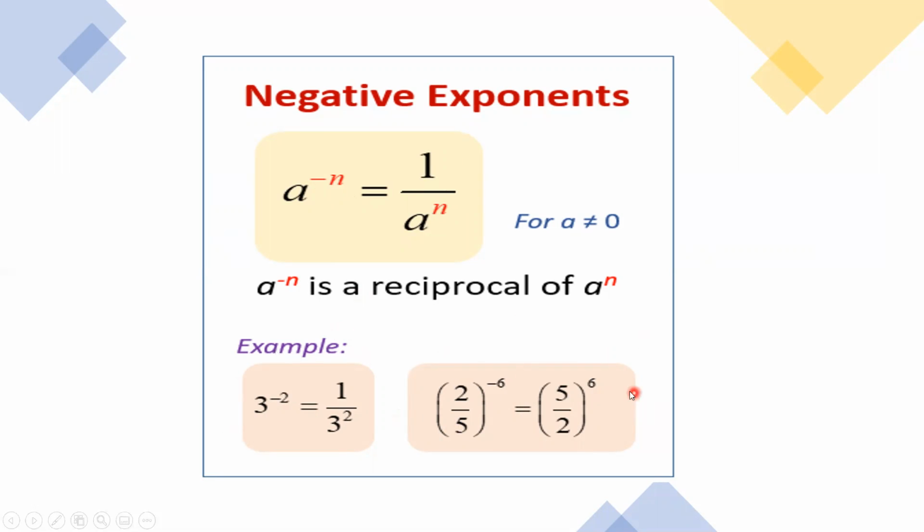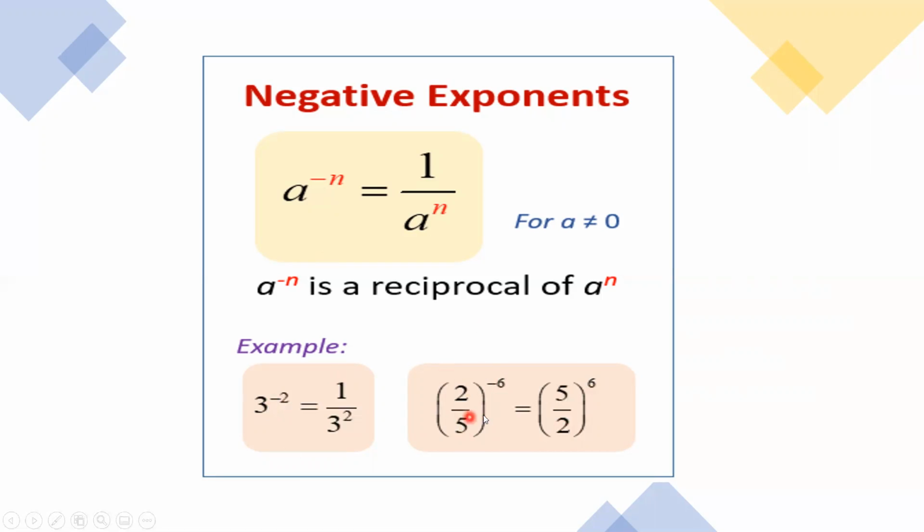Now this example, please pay attention here. It's very important. When it's a fraction with a negative power, you just need to flip the fraction. So 2 over 5 to the power of negative 6 is going to be 5 over 2 to the power of positive 6. When it's a normal number, as you can see, 3 to the power of negative 2 equals 1 over 3 to the power of positive 2.